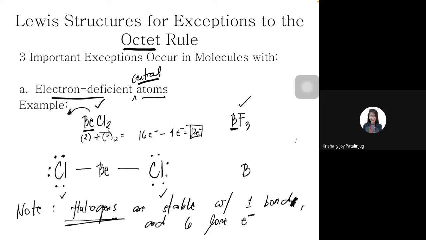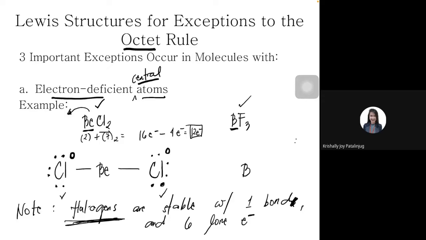So never will it happen that the surrounding halogens will give up their lone pairs and make them a bonding pair. Even when you check all the examples that you have drawn previously in your notes, for all the surrounding halogens, the most stable number of bonds is only one, having six lone electrons. So that is already the stable bonding state of chlorines here.